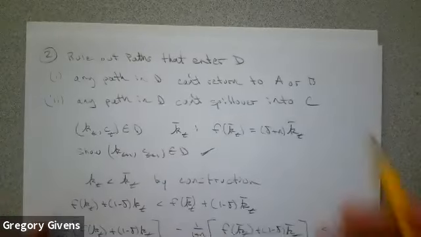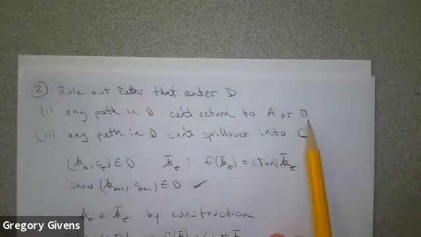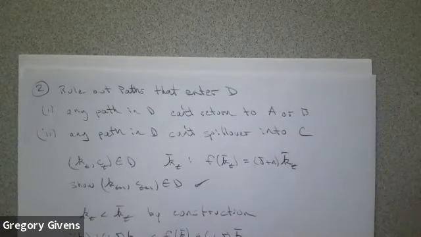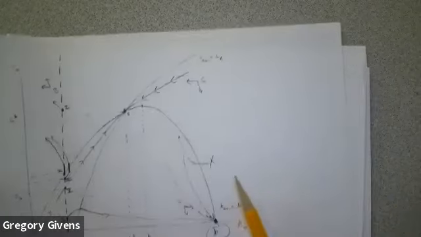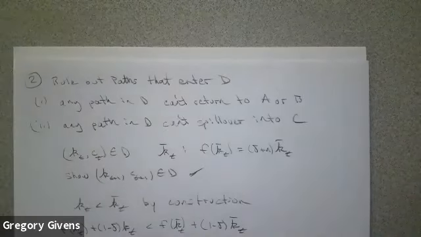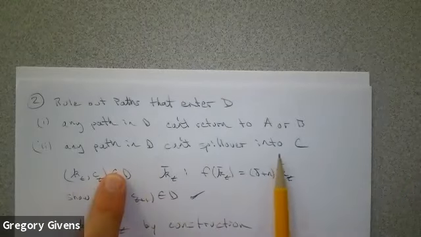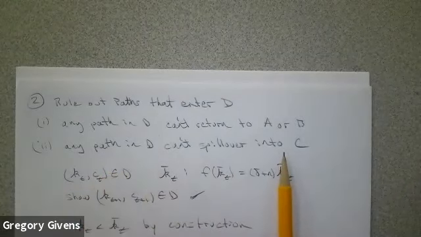Yes. Okay. Well, we know we can't go into A or B because we're moving southeast. So going into A or B is not possible by moving southeast. But moving southeast, it's still possible to go into region C. But what we did for number 2 here is we just proved that if you're in region D, you can't spill over into region C. We proved that more mathematically.